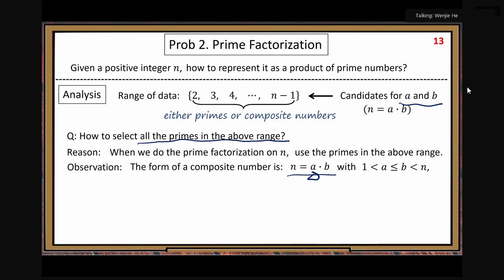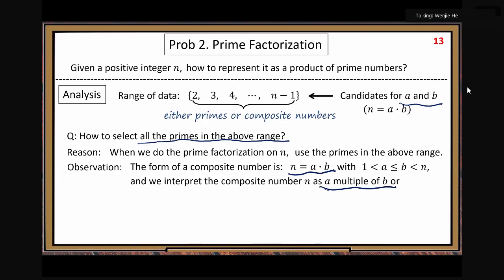Here we assume a number n is a composite number, so we can assume it has at least one non-trivial factor a. So we can study this non-trivial factor a. Then we interpret the composite number n as a multiple of b. Here, for a composite number, we can write this form: n equals a times b.